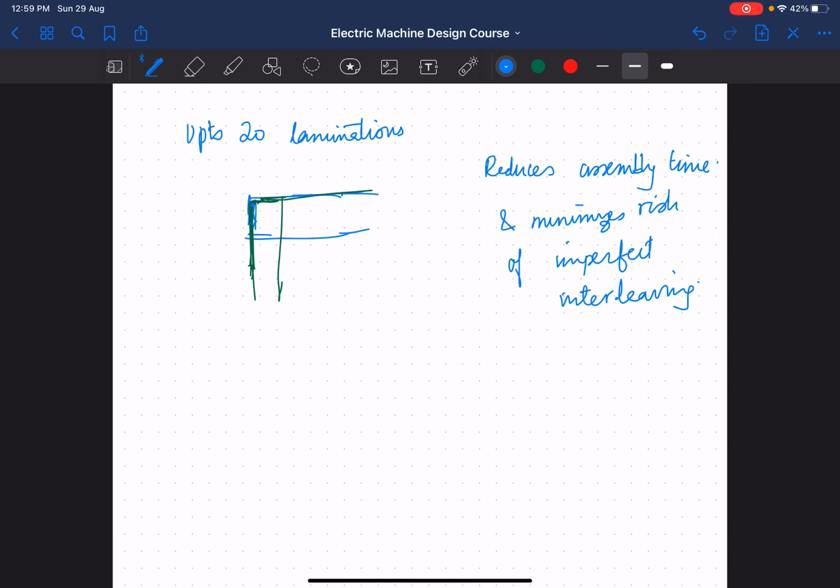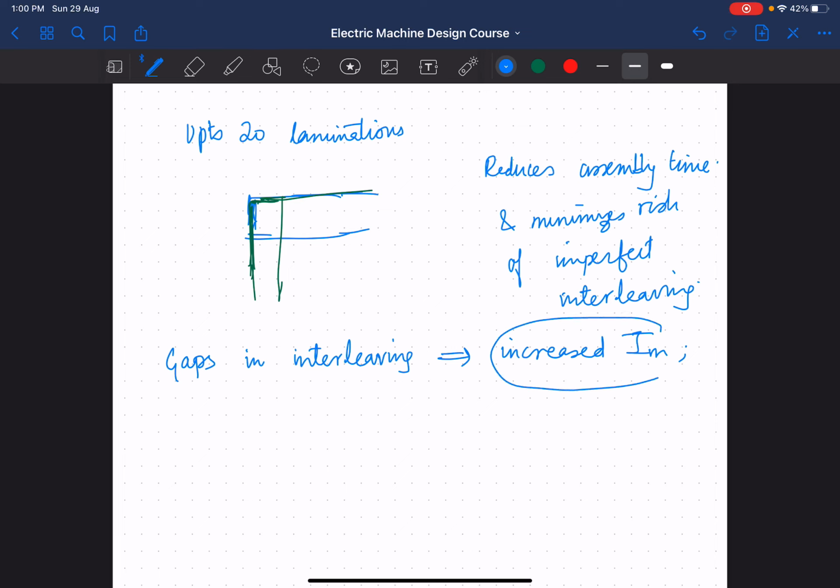Okay, since these interleaving laminations will also have some air gap, any gaps in the interleaving will lead to an increased magnetizing current IM, and this increased IM is going to be responsible for increased iron loss.